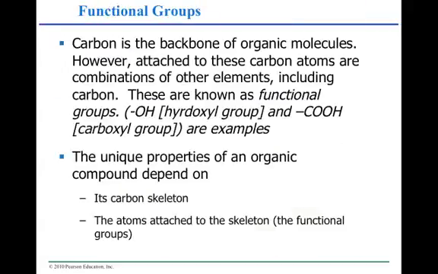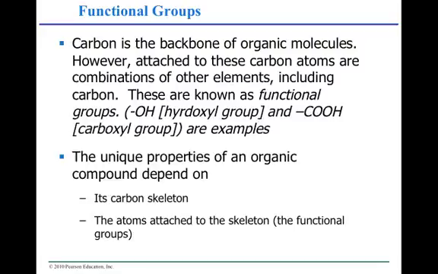Now, in order to make all these different molecules, you have carbon and hydrogen, but there are other elements that are attached, and they take the form of something called functional groups. There are groups of atoms, such as the OH that you see on this, that's called the hydroxyl group.